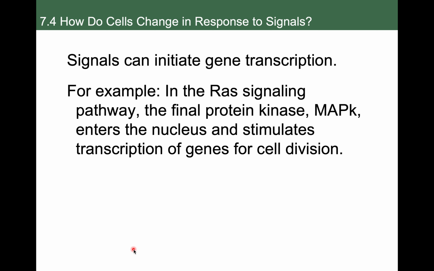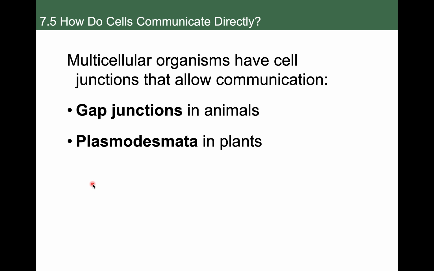So that's a common way of altering the biochemistry, the biology of a cell. And then I've already mentioned this idea of altering transcription, so I won't dwell on that, but hopefully you've got that idea.